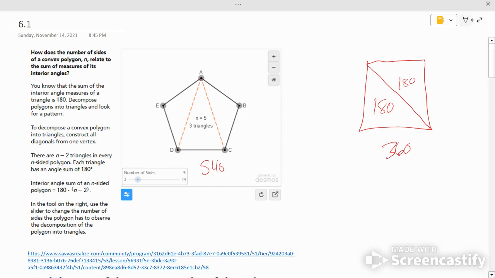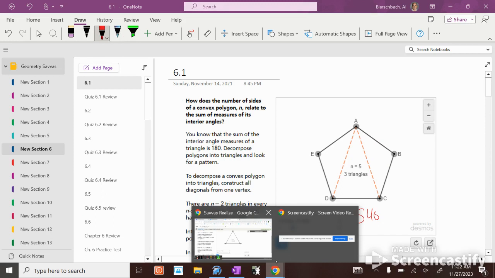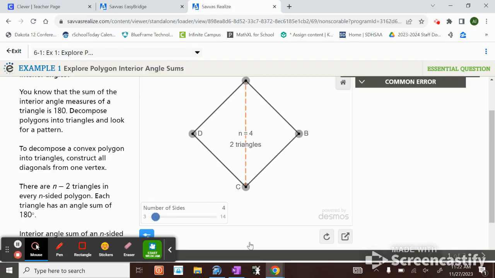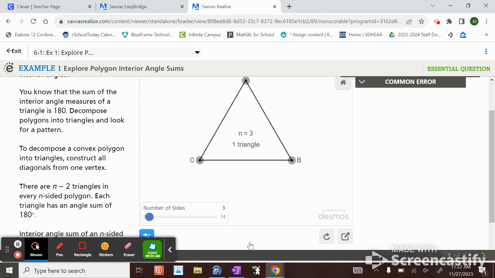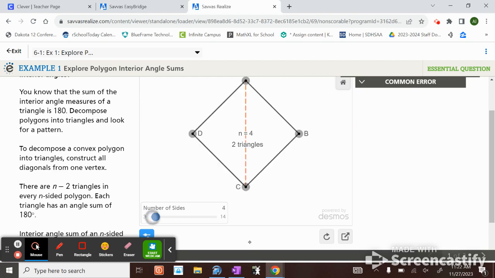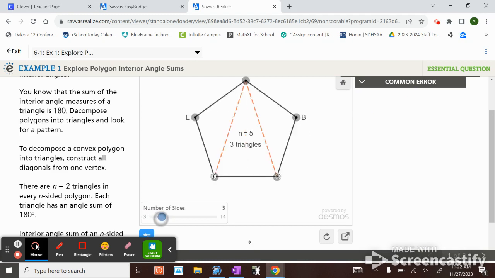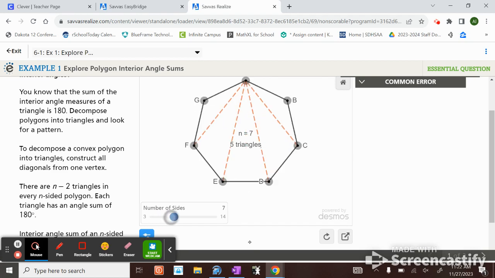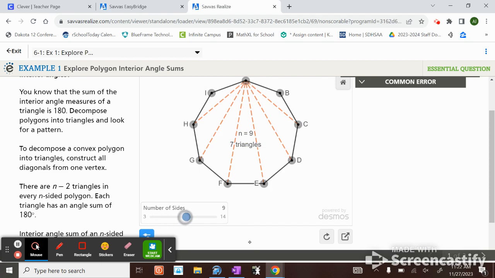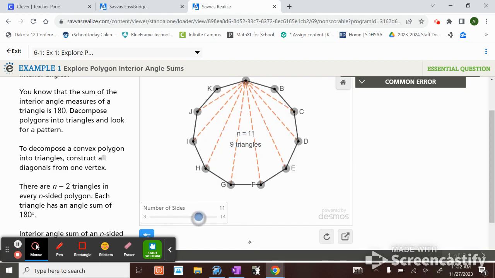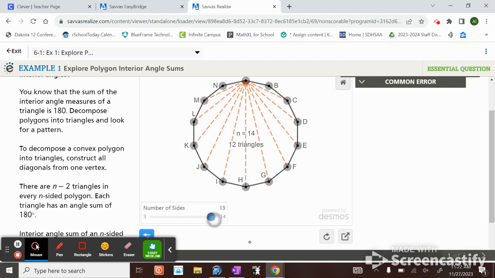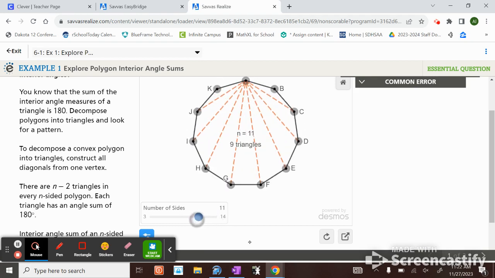So if we jump to this, 3 sides is 1 triangle, 4 sides is 2 triangles, 5 sides is 3 triangles, 6 sides is 4 triangles. What do you notice about the number of sides and the number of triangles? Looks like it's always 2 less.